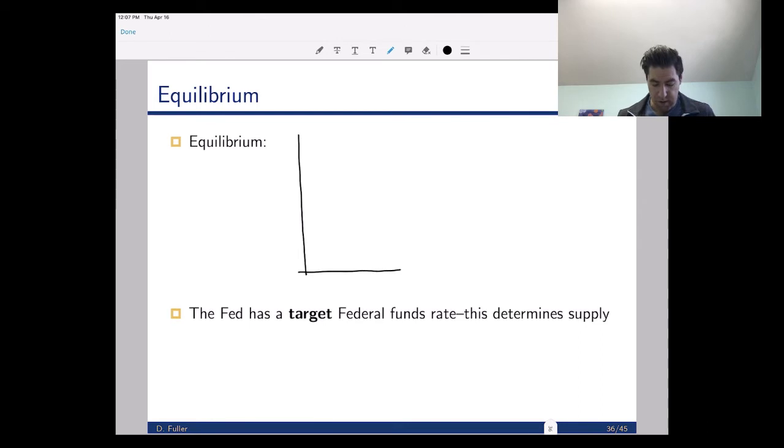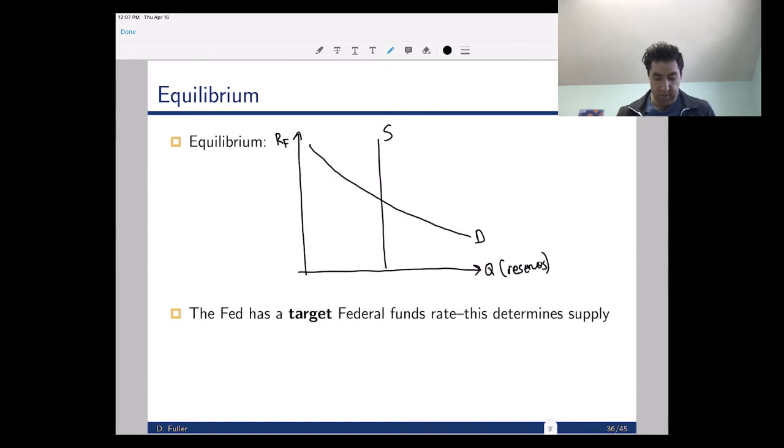So I have the quantity of reserves and I have the federal funds rate, which is the price of borrowing in this market. I have supply and I have demand, and since supply is inelastic or fixed, it's vertical, I get some RF star.